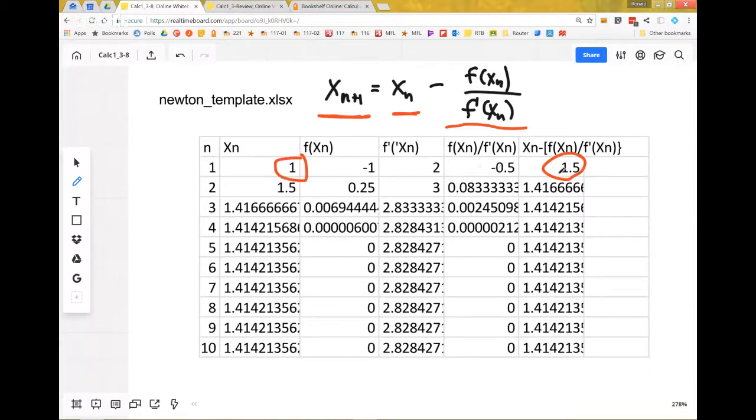This is our new estimate after you do the subtraction. Then we take the new estimate, put it over here, and then we get our next estimate, etc. And you just keep this process of recycling, which is called iteration. Did anyone want to look at any of those, or is there any question regarding that process?